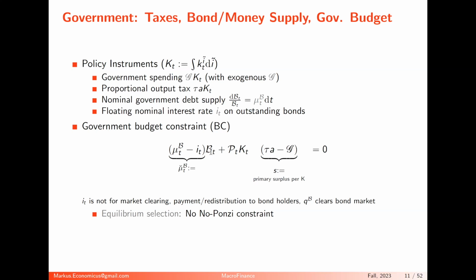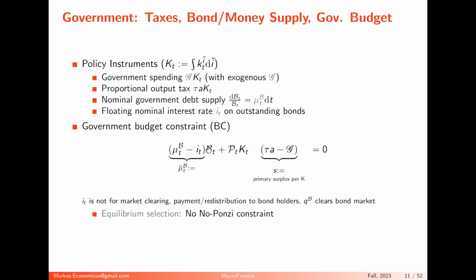So notice importantly, this i is not a market clearing interest rate. It's the interest rate the government or the central bank promises on the bonds. That's the policy rate. What's clearing the market will be the price of the bond.